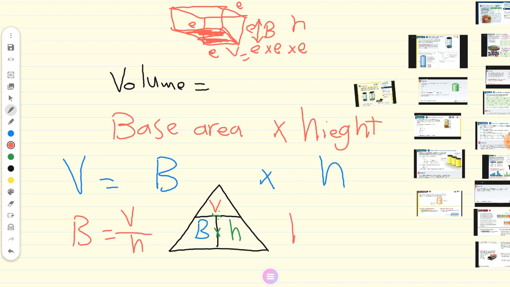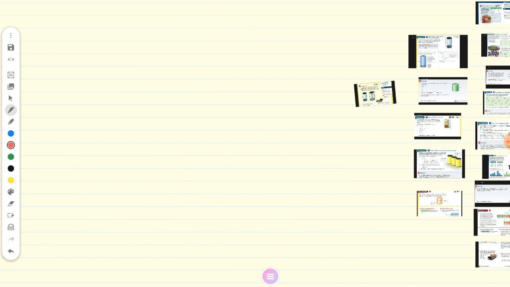And if you want the height, it equals volume over base area. This is how to move between the rules, so you can save these 3 rules in the magic triangle only. Okay, let's take some examples to solve together.